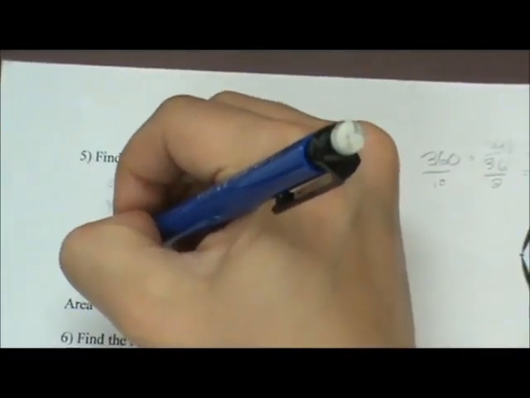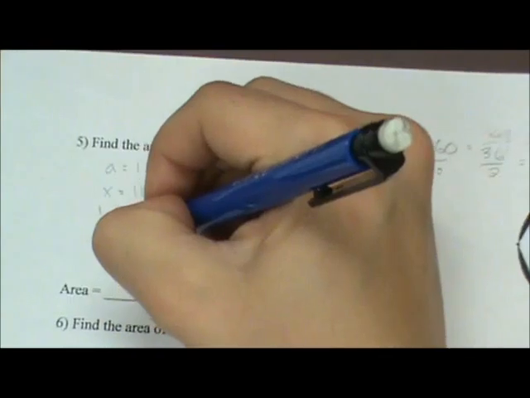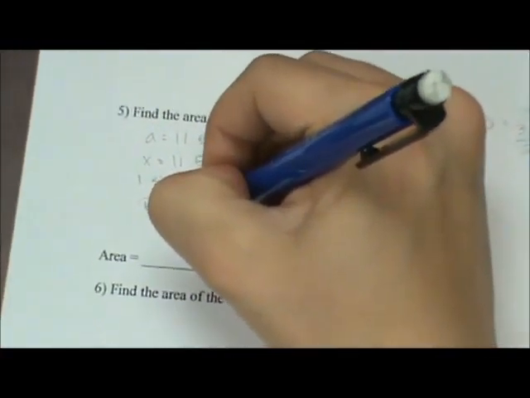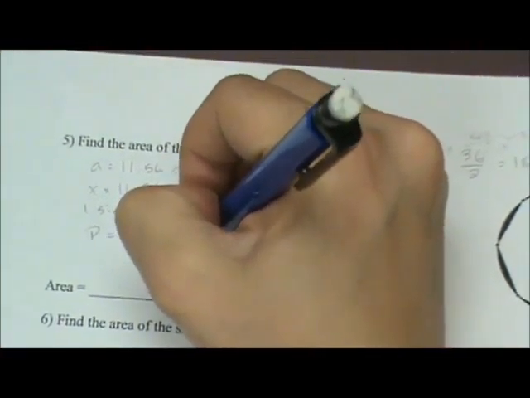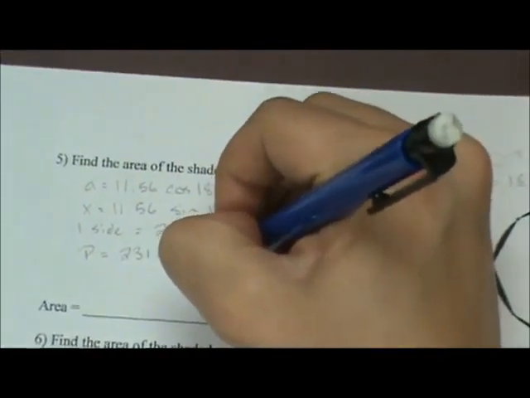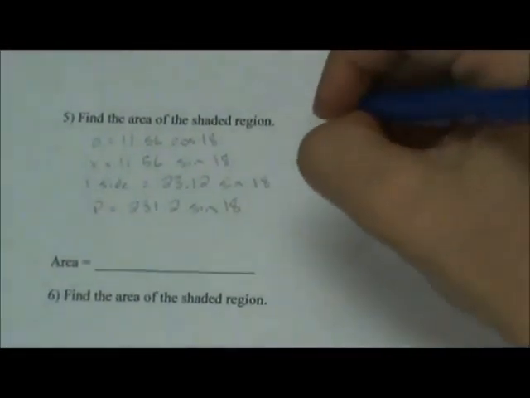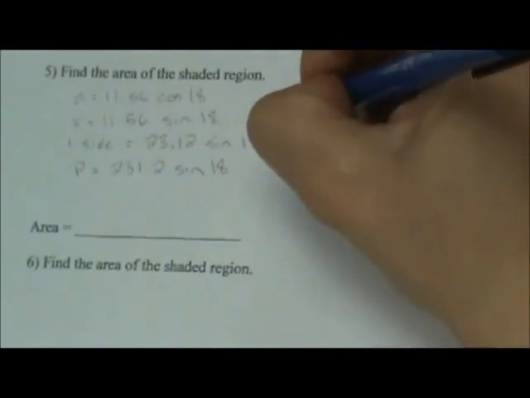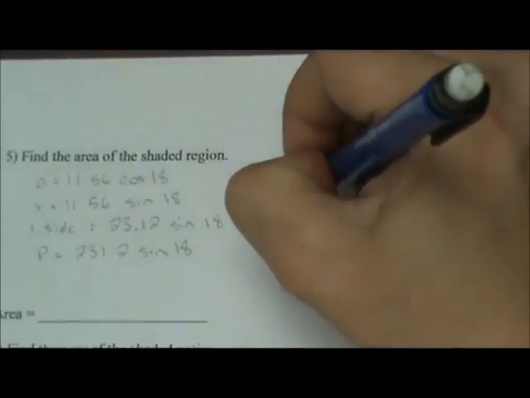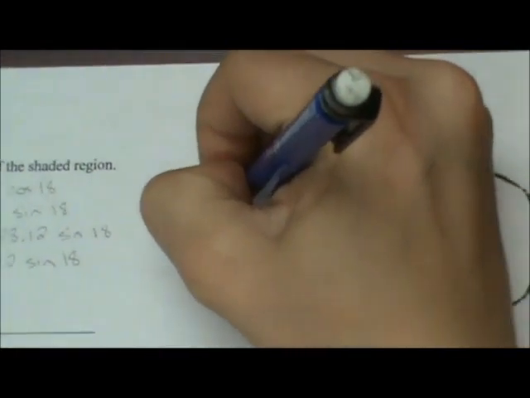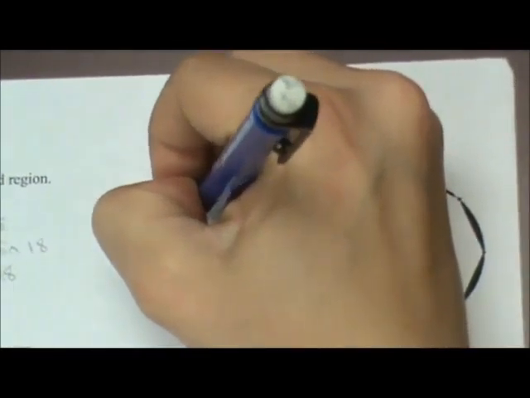So then to find the area, it's going to be 1/2 the perimeter times the apothem. So it's going to be 1/2 times 11.65 cosine 18 times 231.2 sine 18. And that's approximate value because we plug that in. It'll be 392.739.